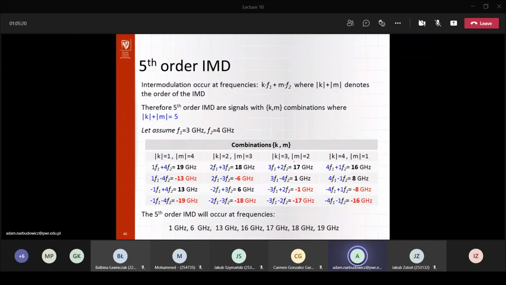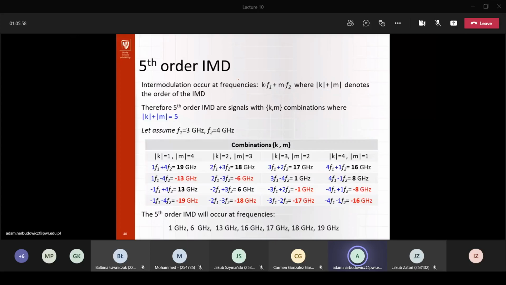And to generalize, intermodulation distortion of any order comes from this expression here. If we assume the new frequencies will be generated as k times f1, one frequency, plus or minus m times f2, the second signal, where k and m are integers, then the sum of those defines which intermodulation product we will have.